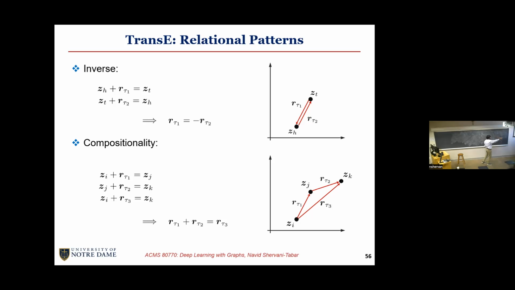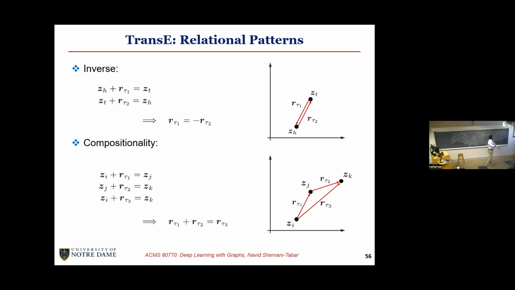I take this and conclude that these two vectors are of the same size but in opposite directions. I have entity embeddings that are not overlapping, and I have unique vectors representing different types of relations. So I'm able to represent the inverse logical pattern using TransE.